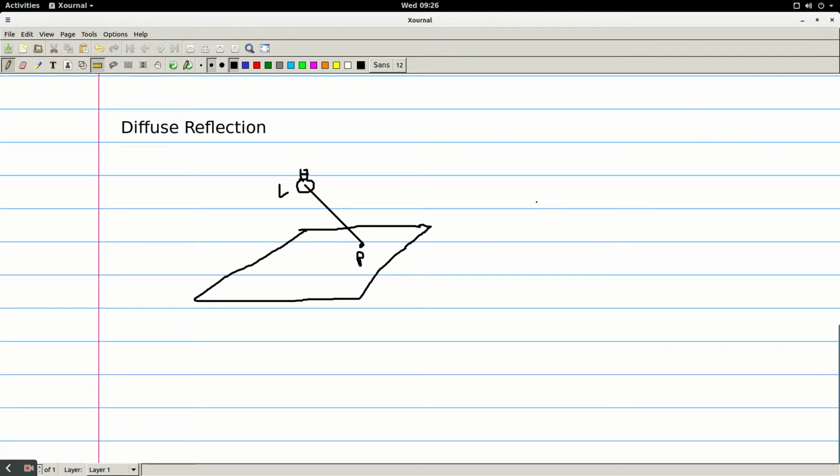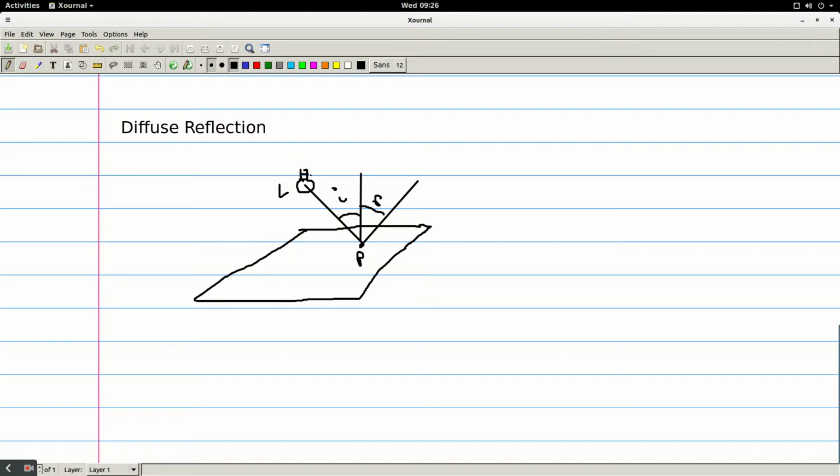It will reflect. And when it reflects, it needs to follow the law of reflection. So we need to calculate the surface normal, which we know how to do already, right? And then finally it's going to reflect back with the same angle. So whatever is the incidence angle is going to be the reflection angle as well.